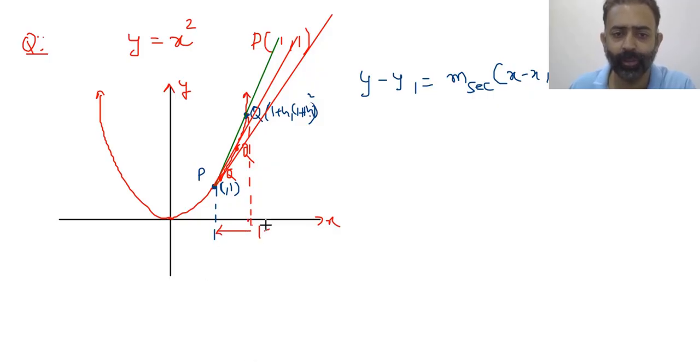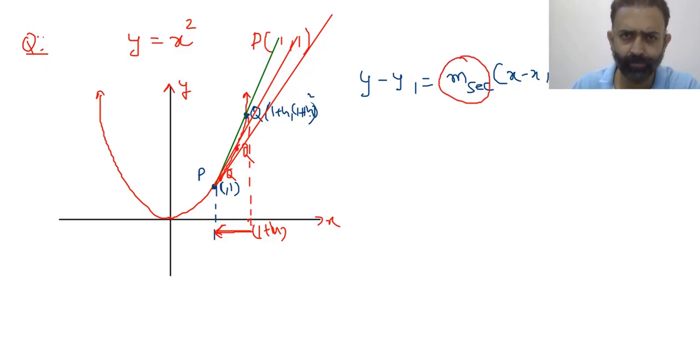This x coordinate was 1 plus h, so it simply means I am moving this 1 plus h closer to point 1, meaning I am putting h equal to 0. Fine. So the basic thing is we need to find the gradient of the secant. From the basic formula, the gradient is change in y over change in x.